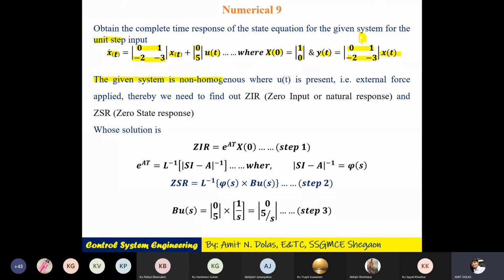The given system is non-homogeneous. Why? Because u of t is present, that is, an external force is applied. Thereby we need to find the zero input or natural response, and the zero state response.